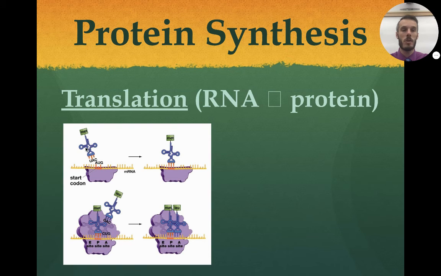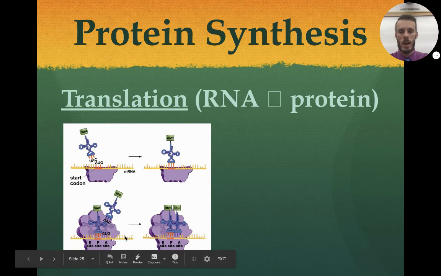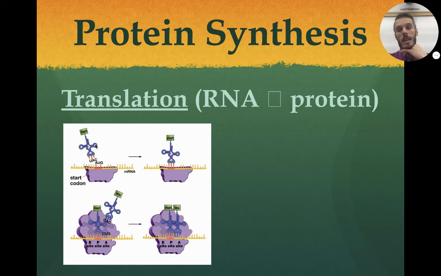Okay, so translation is the process that we're talking about here, going from RNA to protein. It occurs at a ribosome, and basically the RNA is just pulled through the ribosome, and every 3-letter codon on the RNA will code for a specific amino acid.